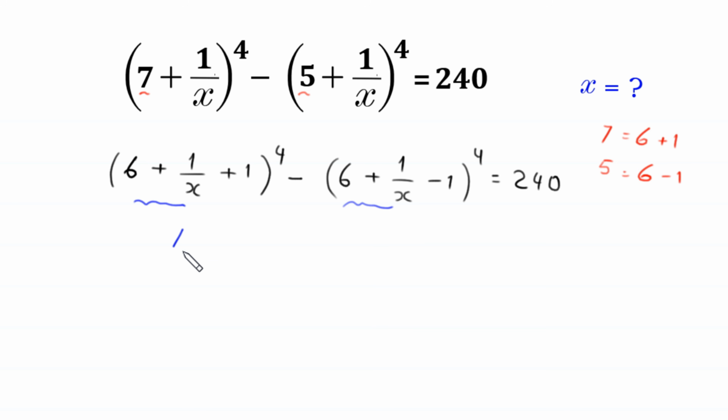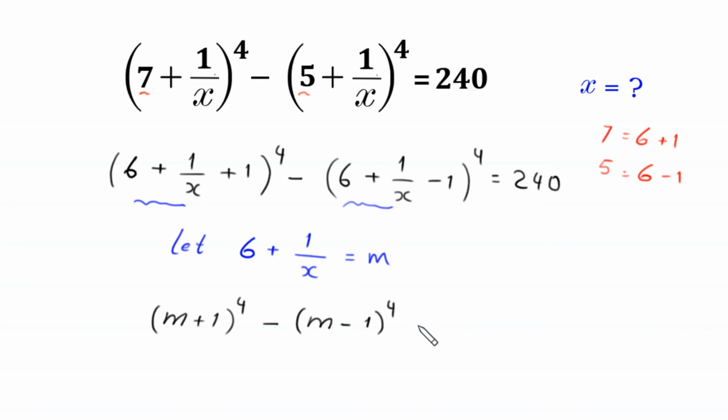So we suppose that let 6 plus 1 over x is equal to m. We substitute m in this equation, then this will become (m + 1)^4 minus (m - 1)^4 is equal to 240.